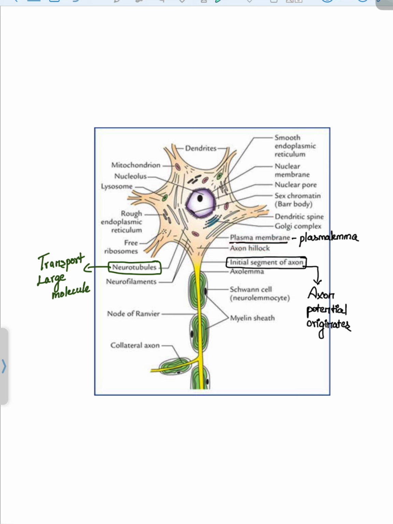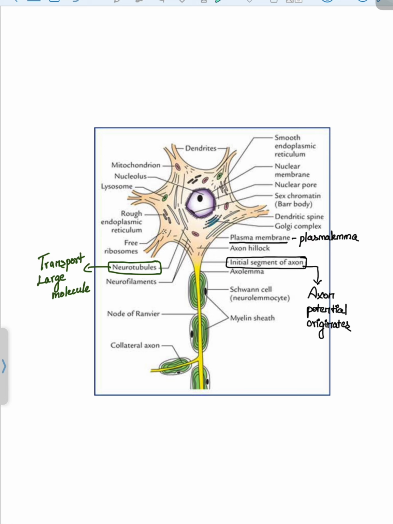When the plasma membrane covers the cell body, this enlarged portion of a neuron, then that plasma membrane is called as plasmalemma. When the single extended portion of a cell body called as axon is covered by a plasma membrane, it is called as axolemma. That's it. This is the minor difference between plasmalemma and axolemma.